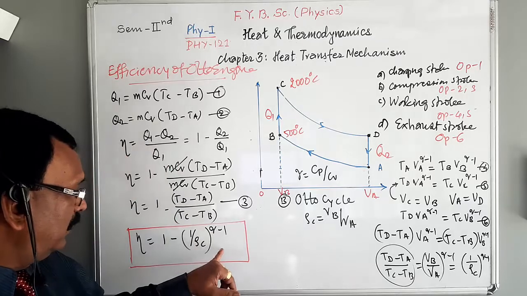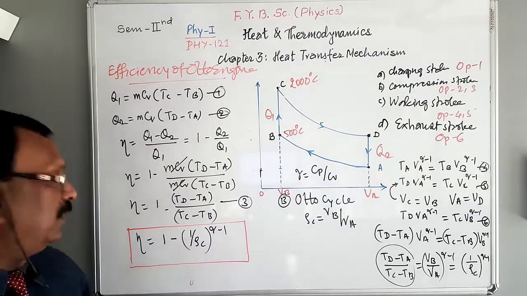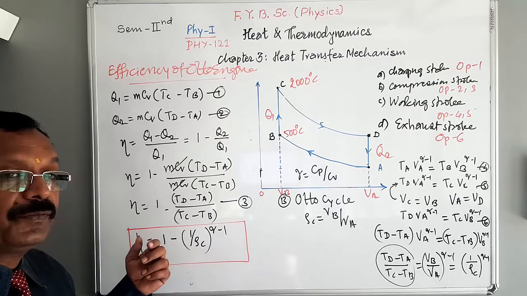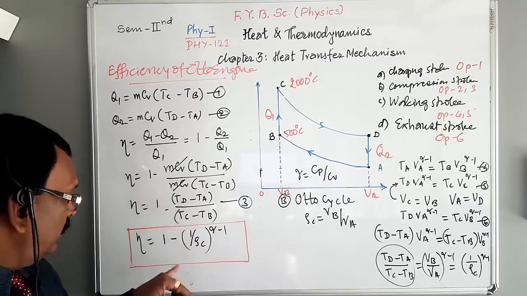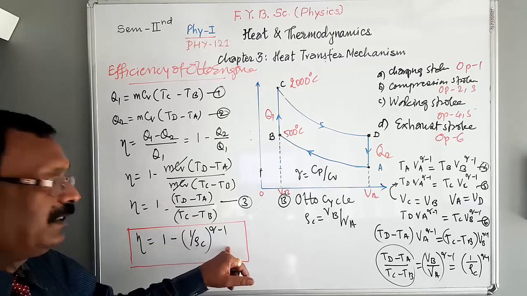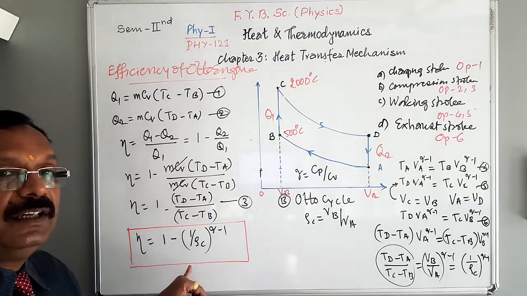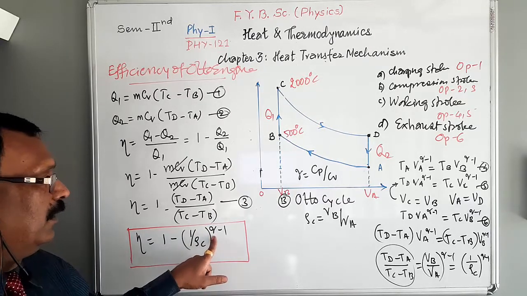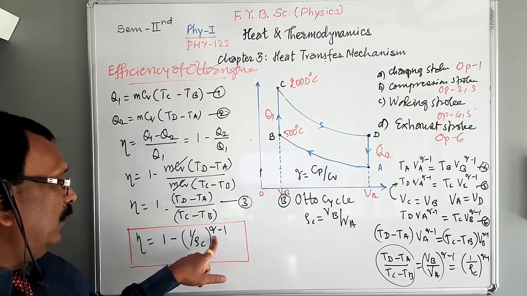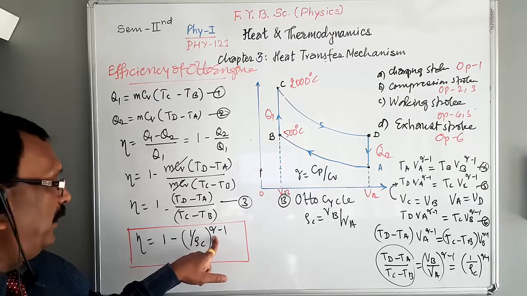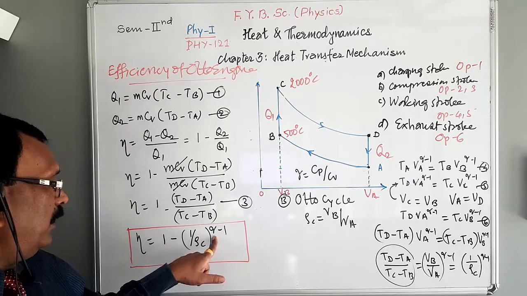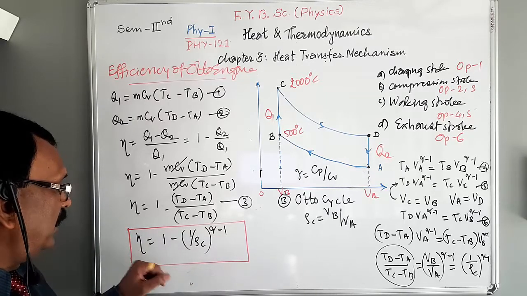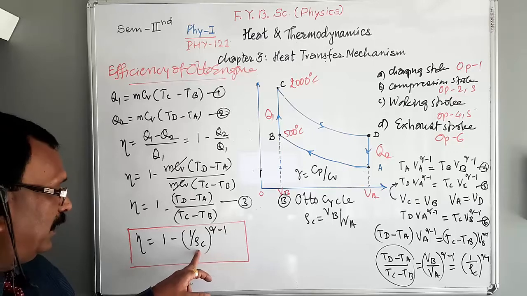The problem may be asked on this point, that is you have to solve problems for the efficiency of the engine. Simply by using this relation you can calculate the efficiency of an engine when the compression ratio is given and the ratio of specific heats is given, or if you have the efficiency of an engine, then you can calculate the compression ratio.